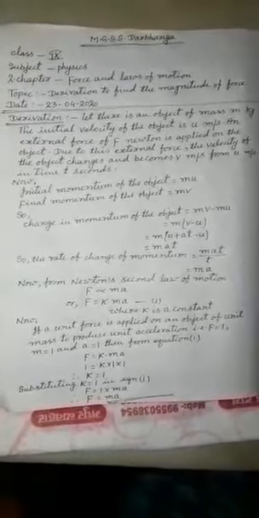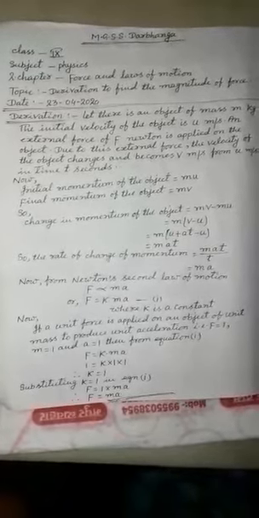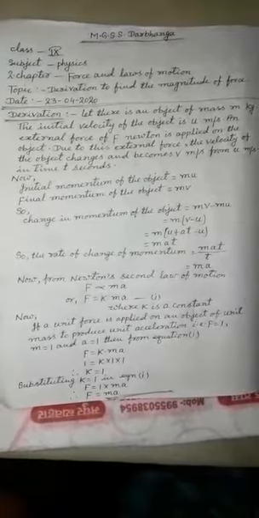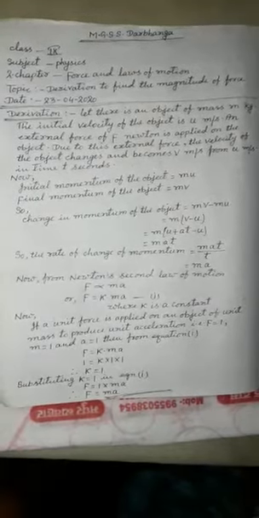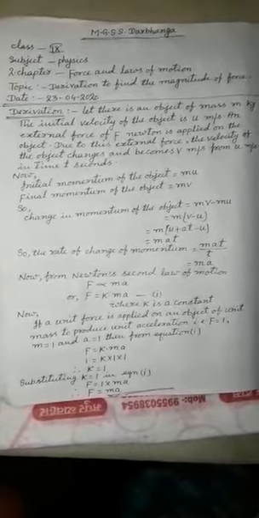Now, final momentum of the object is equal to m into v, where m is the mass of the object and v is the final velocity. Therefore, the final momentum is m into v.